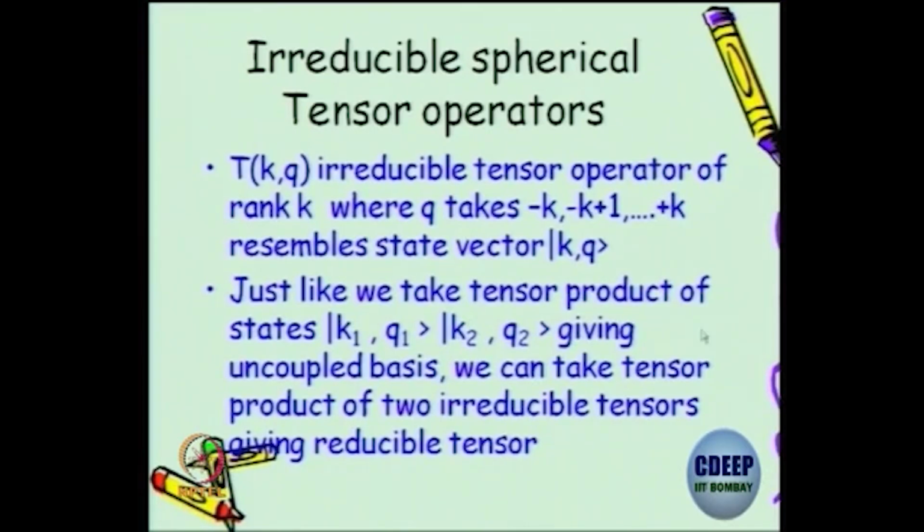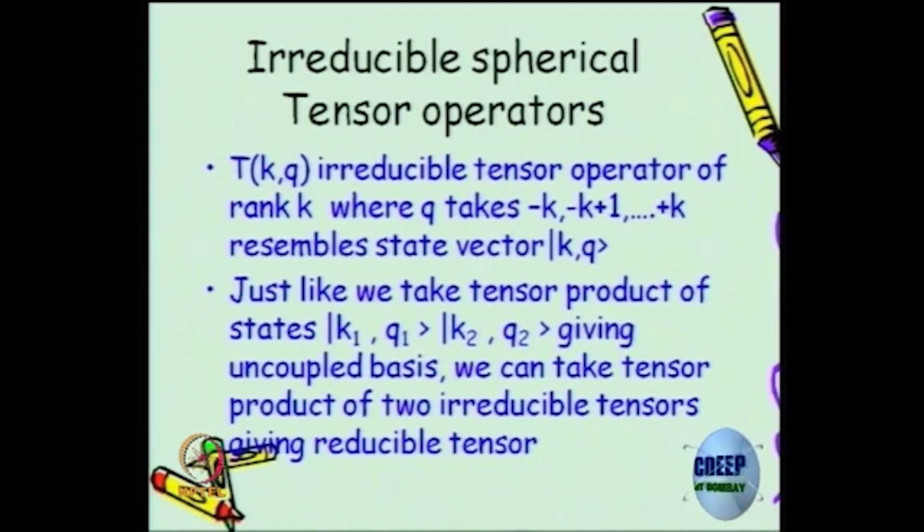Just like we take tensor products of two vectors, you could take the tensor product of two tensors. So the product of two irreducible tensors will give you a reducible tensor, in general. Okay.